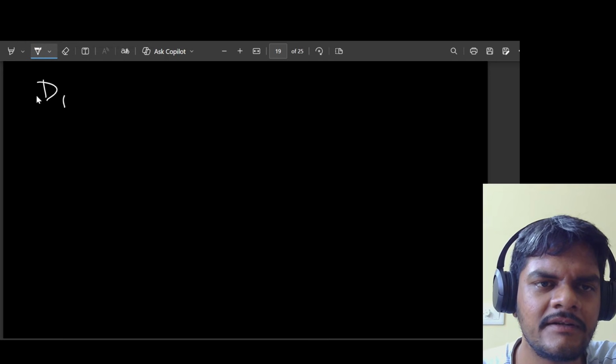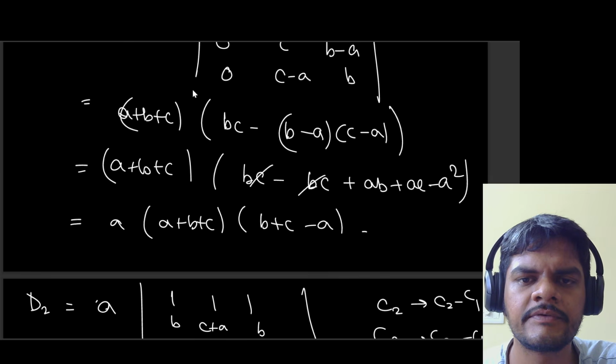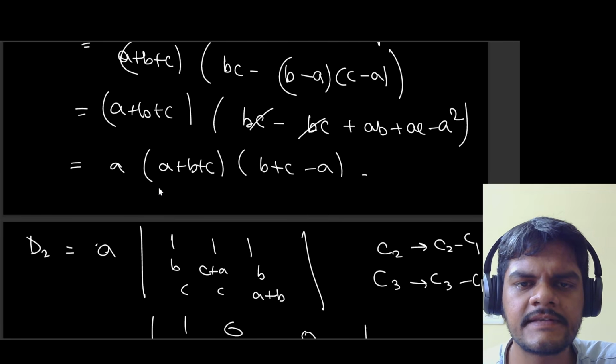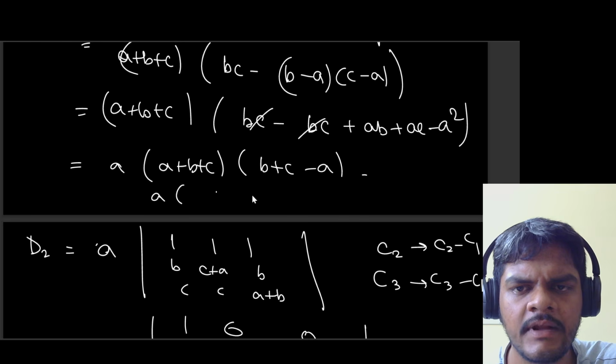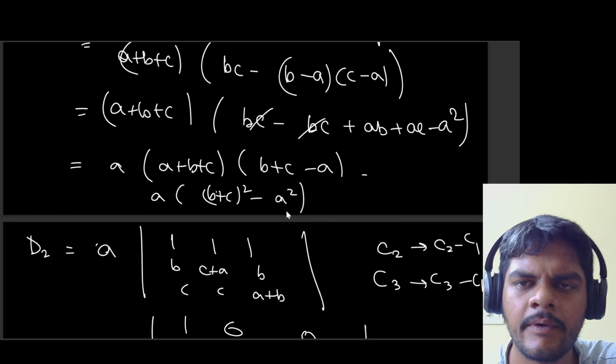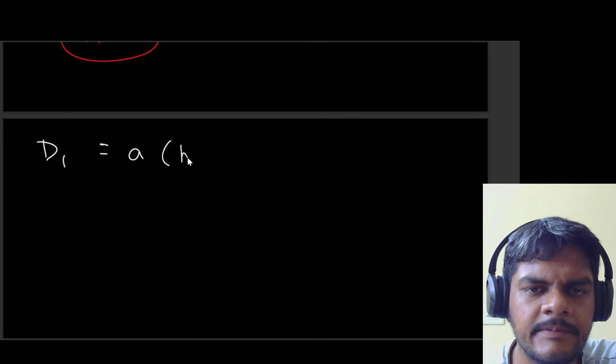So we got D1 equal to A into B plus C whole square minus A square.